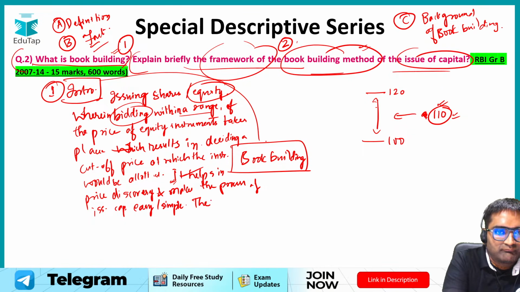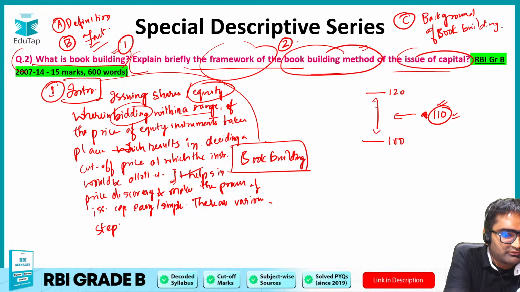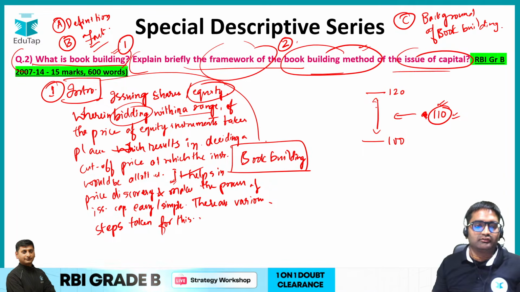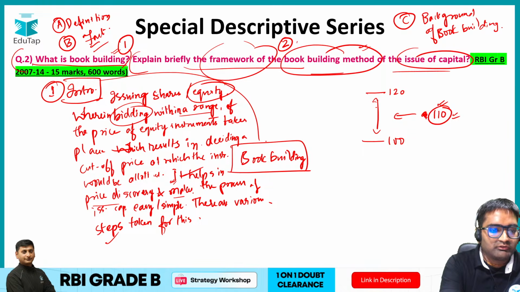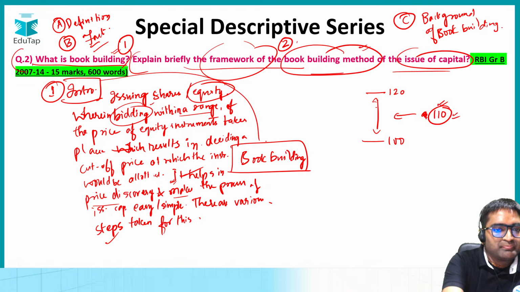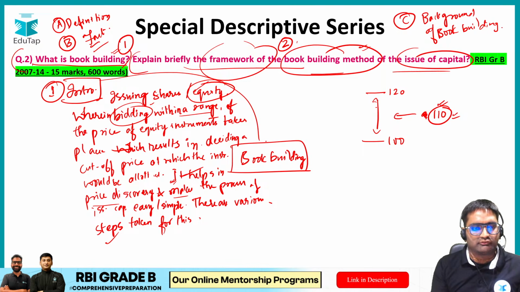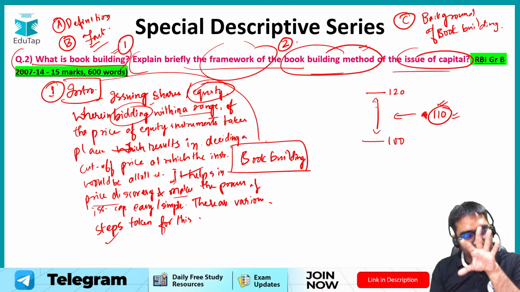There are various steps taken for this, you can mention that, as far as the framework is concerned. The evaluator knows that you are going to mention the steps. You have given the utility, and you have also mentioned the definition, which is what the question entirely asks for. You have mentioned all of that in the introduction, giving an idea that you are going to mention these things in the body of the answer.